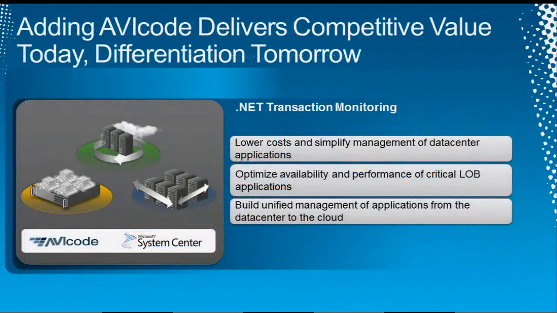So ultimately, AVIcode and System Center provide a differentiator for your business. It helps you improve your SLA and add certainty about your applications. It shows where applications have been, where they are right now, and where they're going. So I came back to the statement that I made at the beginning of this presentation.